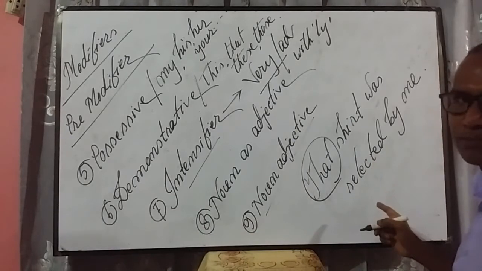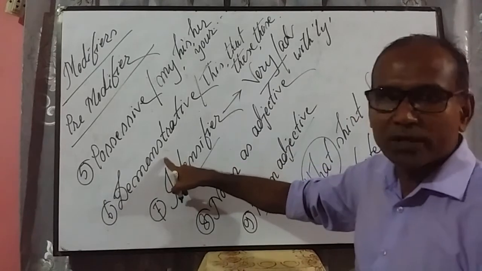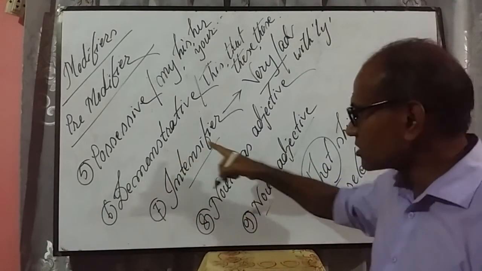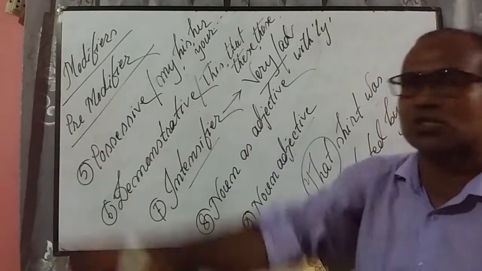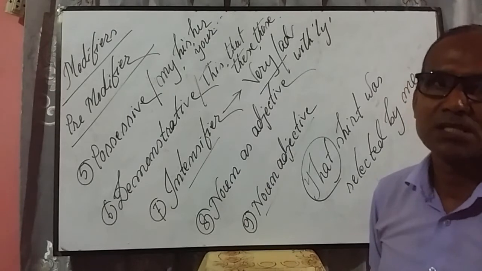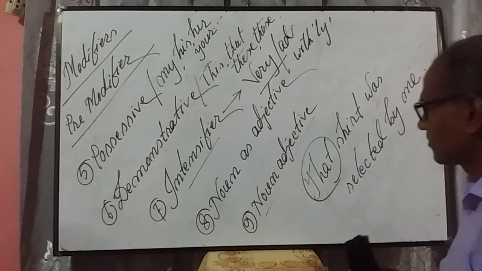That shirt. Here, that is one kind of demonstrative. Understand? Because demonstrate means to show something, to indicate something, to display something, to exhibit something. Here, that is one kind of demonstrative.